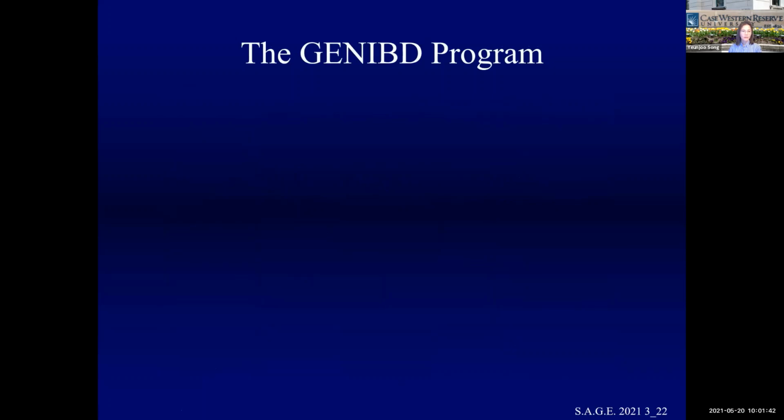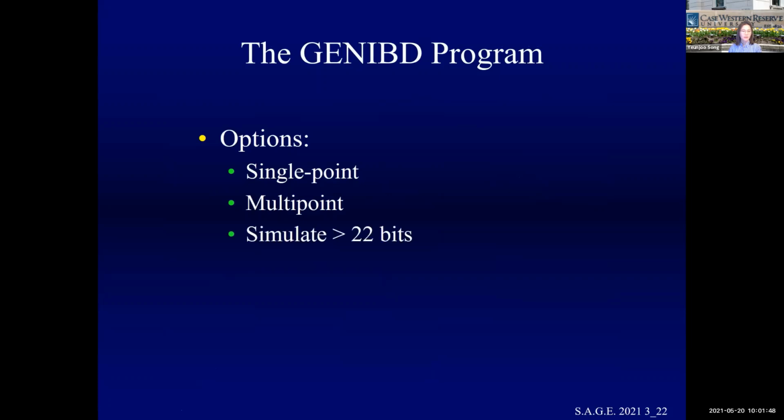In the GenIBD program, there are single point and multi-point modes, and it can simulate when it is greater than 22 bits, but it depends on the system you use. I was actually able to run up to 28 points without crashing while doing simulations.